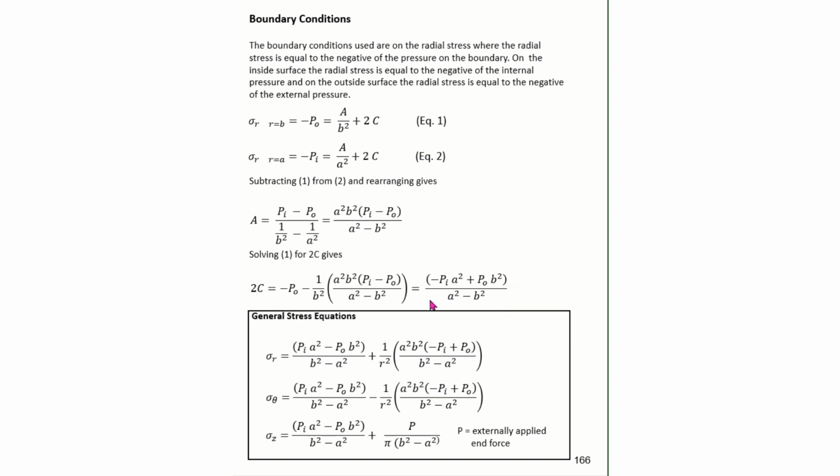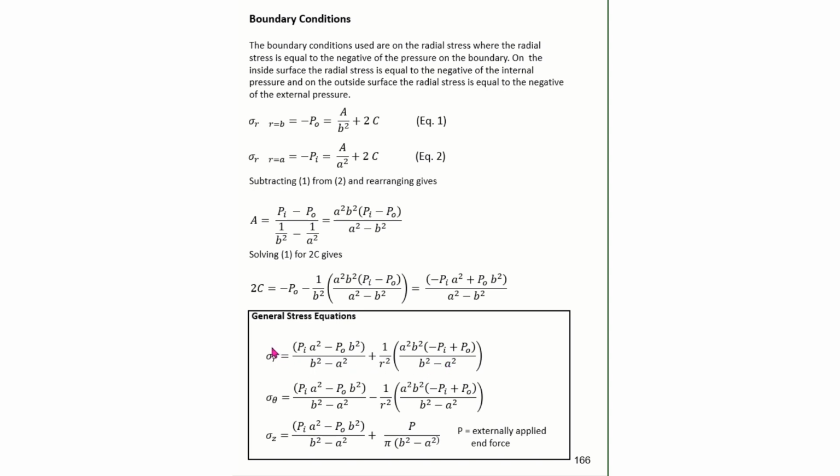Now, rearranging and plugging these components into the expressions for sigma r and sigma theta, we get that sigma r is Pi a squared minus Po b squared all over b squared minus a squared plus 1 over r squared times a squared b squared times Pi minus Po over b squared minus a squared.